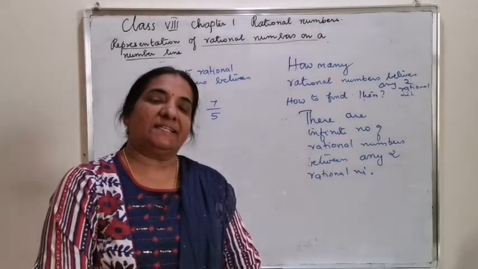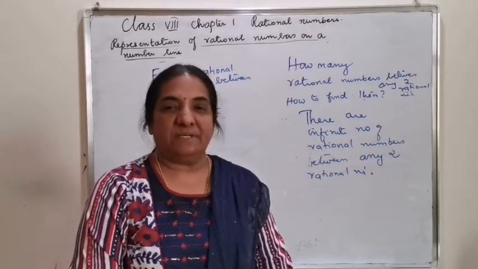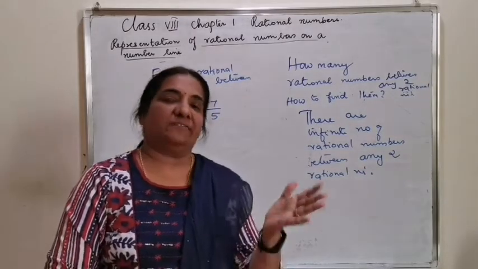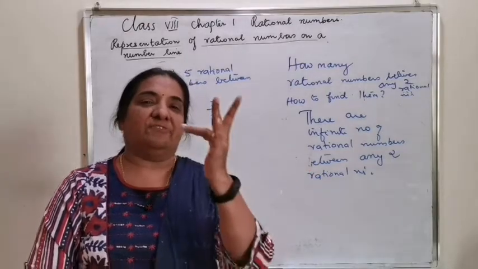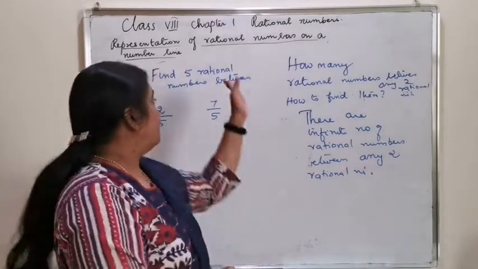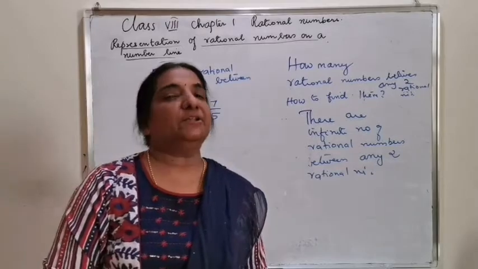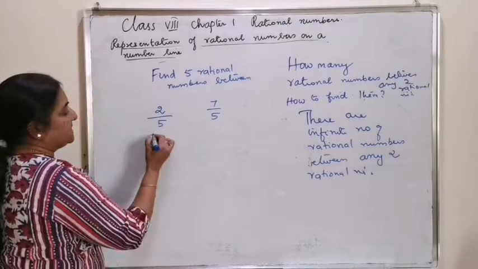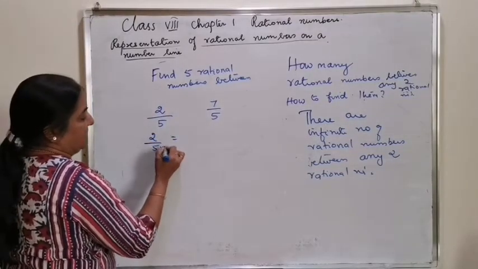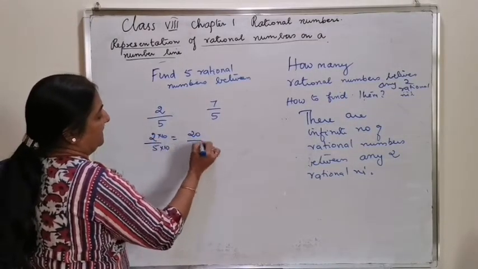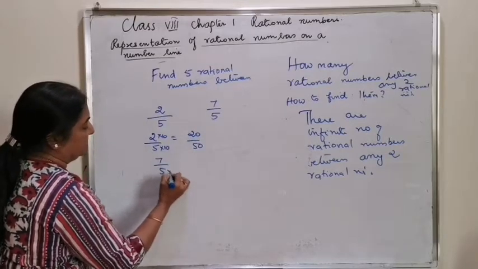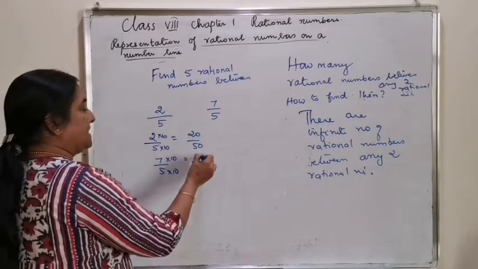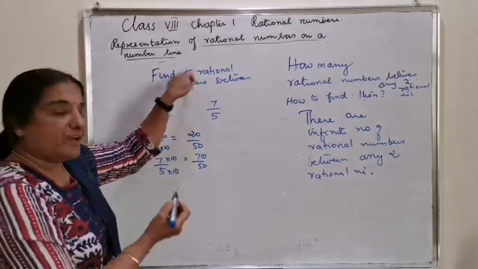The question is, find 5 rational numbers between 2 by 5 and 7 by 5. After 2 by 5, we have 3 by 5, 4 by 5, 5 by 5, 6 by 5. So 4 of them you can easily get, but you need 5 of them. There is no harm if you multiply: 2 by 5 is the same as 20 by 50 and 7 by 5 is the same as 70 by 50. Between 20 and 70 you need only 5 of them.